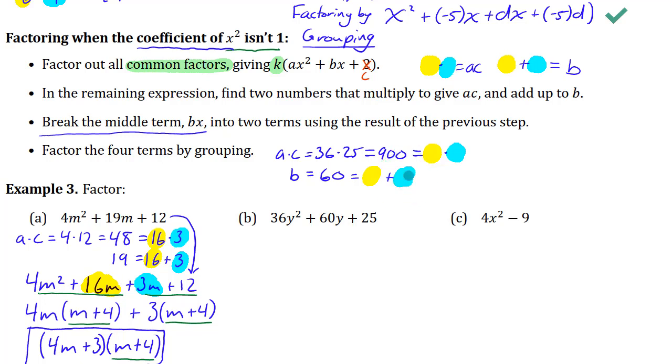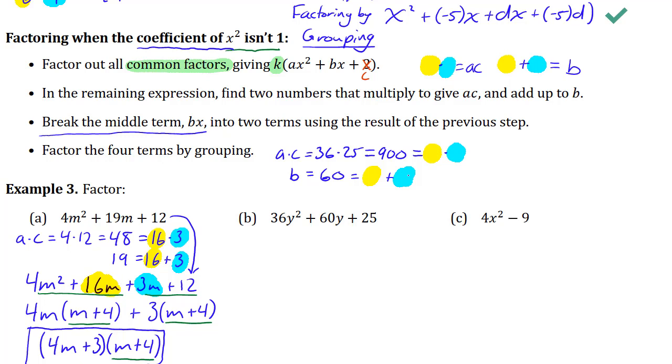So let's see. This is a tricky one. 900 is, let's see, 90 times 10. That doesn't work. Those add up to 100. So it's not that.